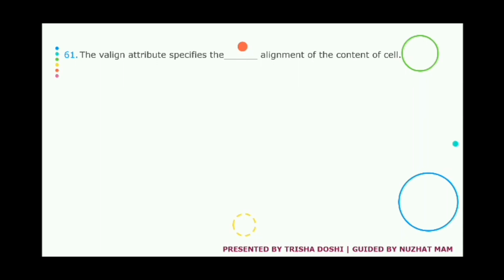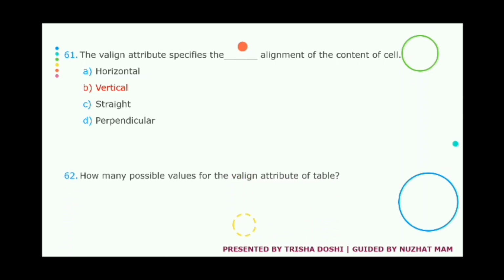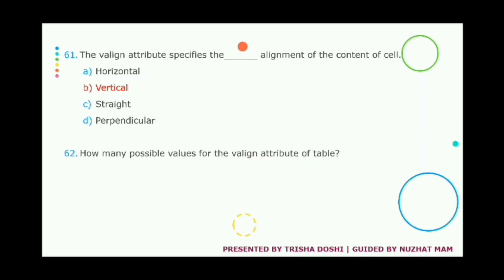Question 61. The v-align attribute specifies the dash alignment of the content of cell. A. Horizontal, B. Vertical, C. Straight, D. Perpendicular. The correct answer is B. Vertical. Question 62. How many possible values for the v-align attribute of table? A. 3, B. 4, C. 5, D. 6. The correct answer is B, 4.